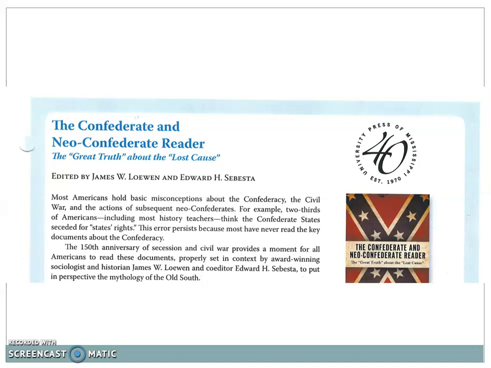For example, 2/3 of Americans, including most history teachers, think the Confederate States seceded for states' rights. This error persists because most have never read the key documents about the Confederacy. And I say amen to that. I agree completely. And that's why I have assigned some of the key primary documents of the Confederacy for your final reading assignment of the semester.